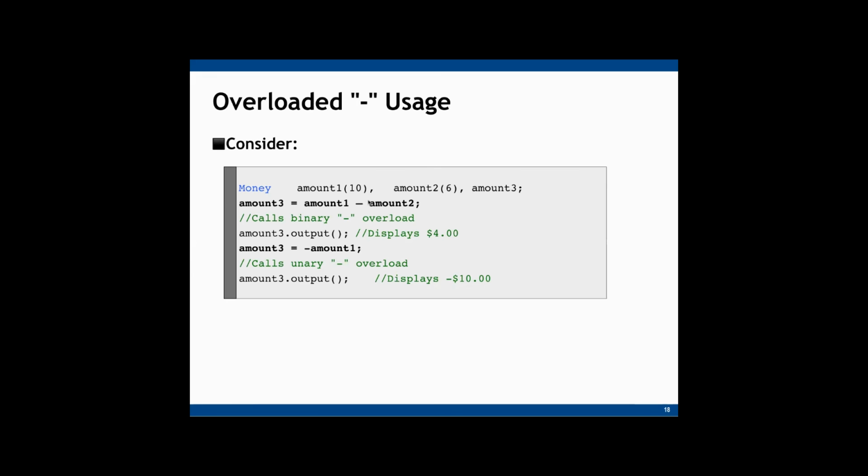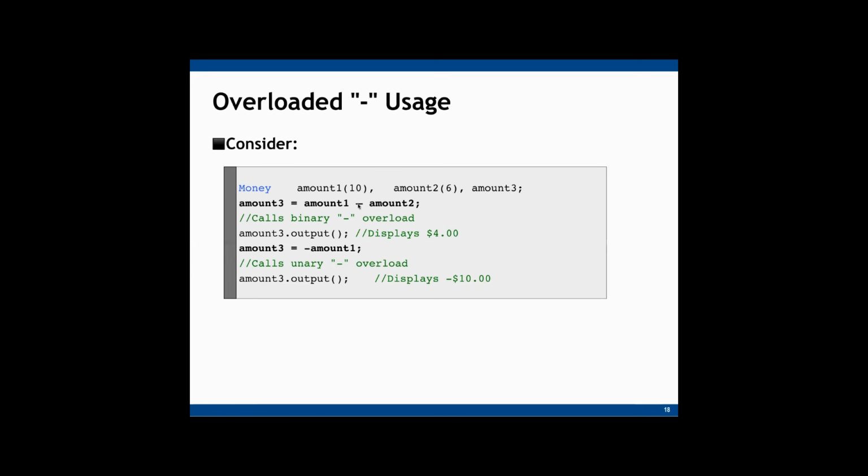This one is the binary operator, and this one is the unary operator. So they are two different operators, and the definitions of these two overloaded operators are different. So don't be confused about them.